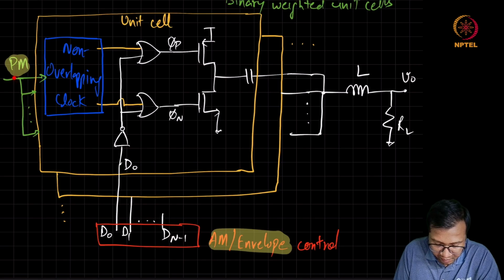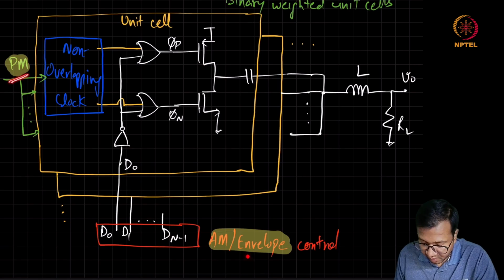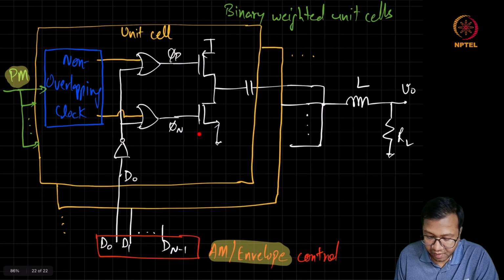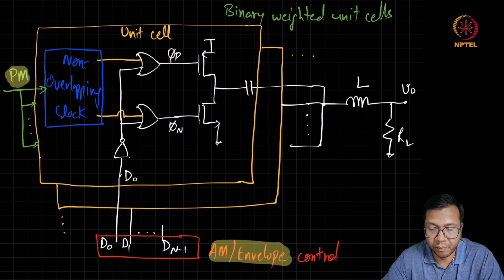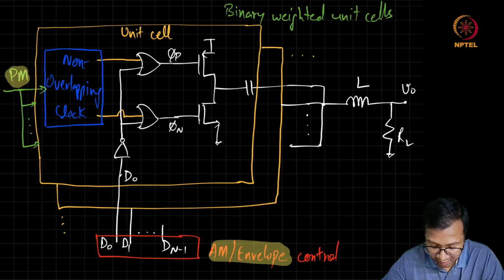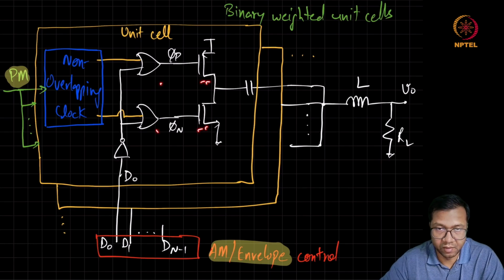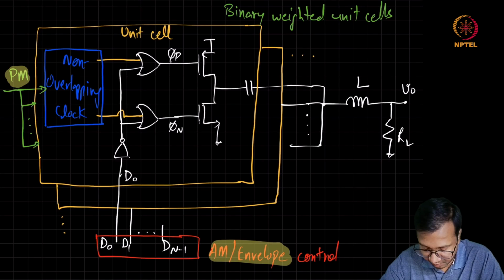So by controlling this PM signal and the envelope control, we can create a complex modulation at the output using only this digital and mixed signal circuitry. So this kind of switched cap PA is very much suitable for CMOS process, because as the CMOS technology scales, these transistors and the digital logic are also going to scale and improve in performance.